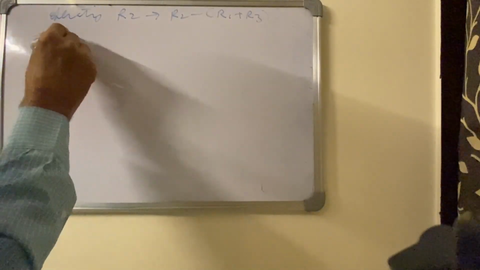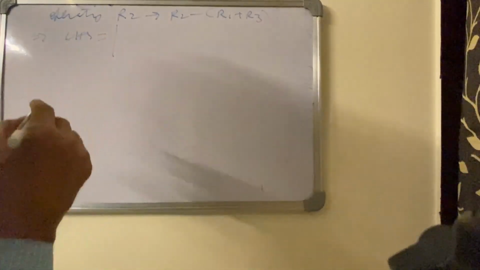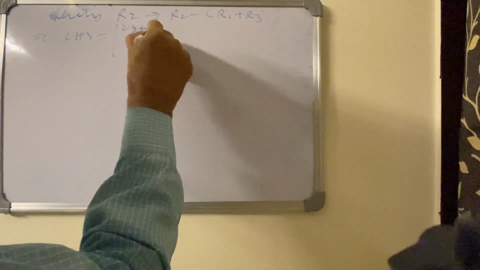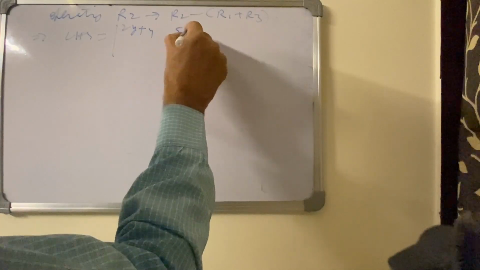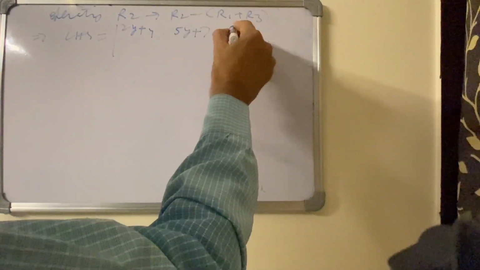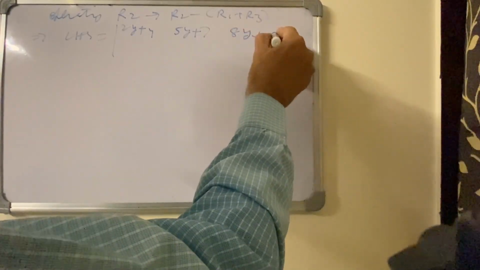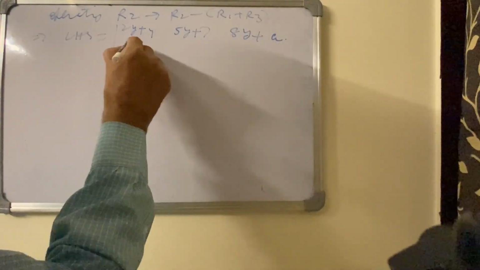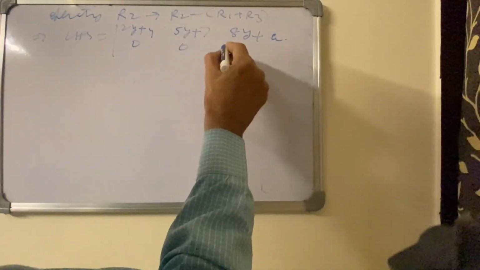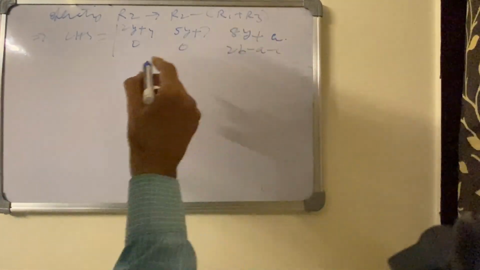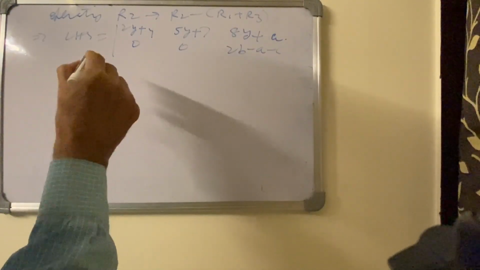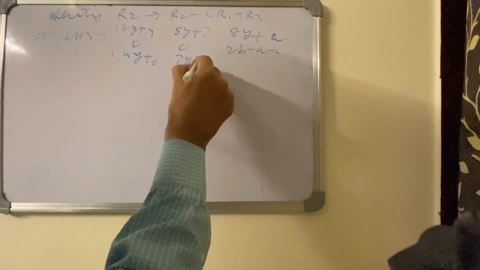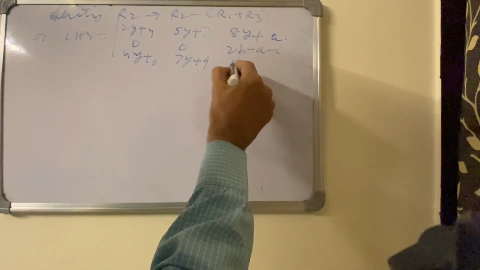So we get left hand side, our rows R1 and R3 will remain the same. 2y plus 4, 5y plus 7, 8y plus a, then 0, 0, 2b minus a minus c, then 4y plus 6, 7y plus 9, and 10y plus c.